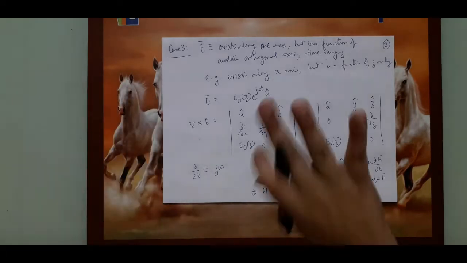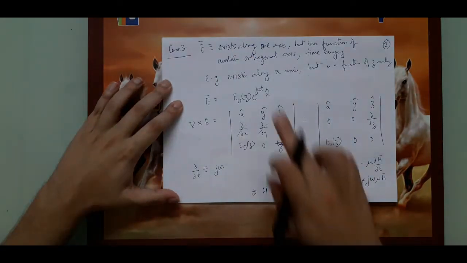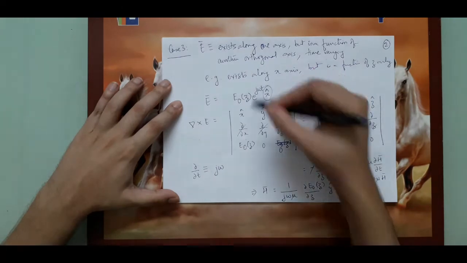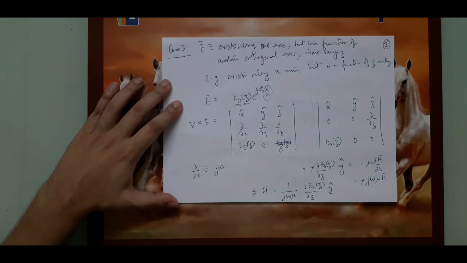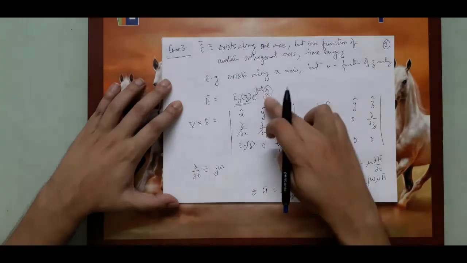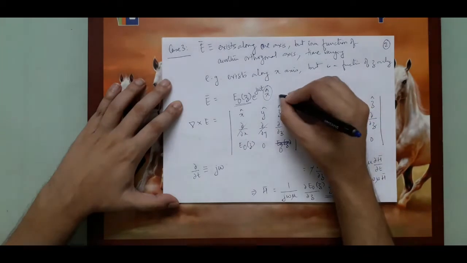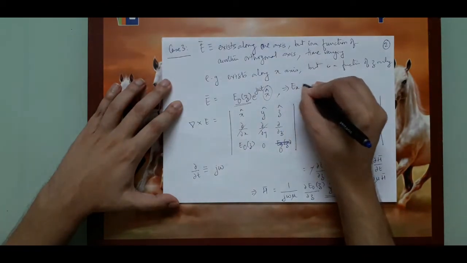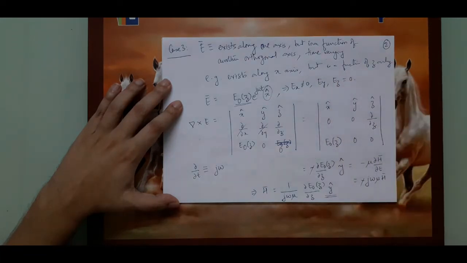So now we have got what looks to be a solution. What we said was that the electric field would exist along the x-axis but be a function of z. What we are seeing is a non-zero magnetic field exists which is a function of y. So just like how we had an electric field with a non-zero x component, this implies that Ex is non-zero and Ey and Ez are 0.